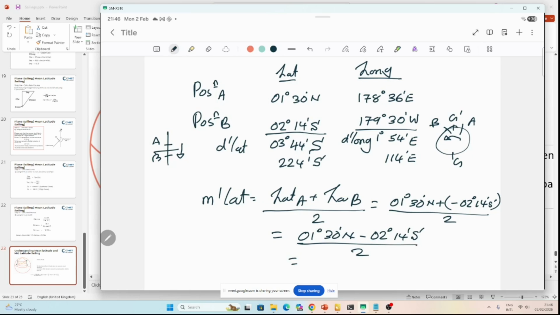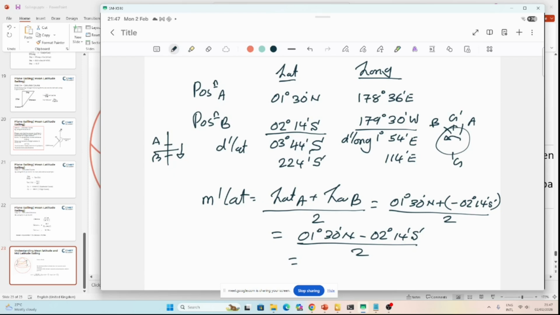If the answer comes as minus, then your mean latitude is in south. If the answer is plus, then your mean latitude is in north. In this case, you can see it is minus once you subtract. So your mean latitude will be in south.